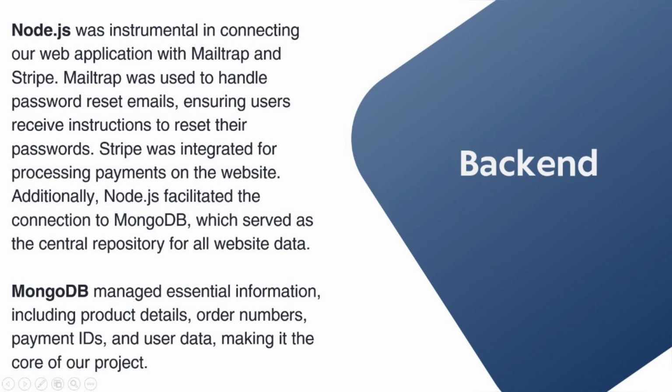Additionally, Node.js facilitates the connection to MongoDB, which serves as a central repository for all website data. MongoDB manages essential information, including product details, order numbers, payment IDs, and user data, making it the core of our project.